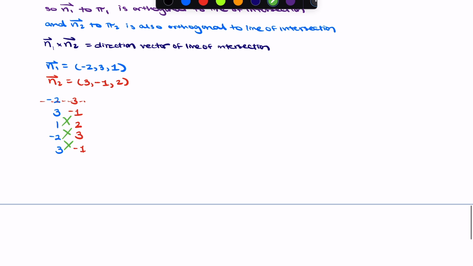So what that gives us with the cross product is 6 minus negative 1, 3 minus negative 4, and 2 minus 9. So that's equal to 7, 7, and negative 7. Divide all of those by 7, we'll be left with 1, 1, and negative 1 as our direction vector.